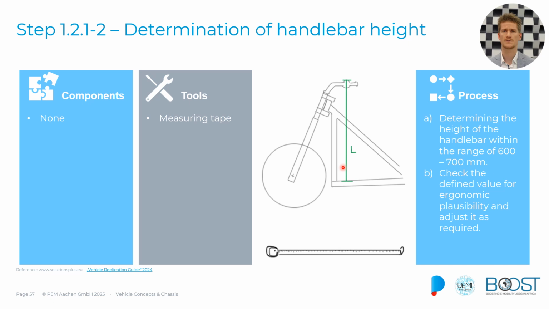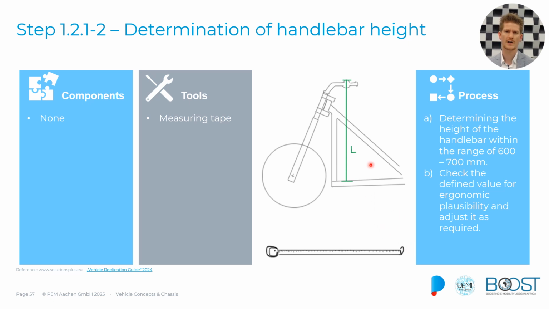This is all something that you need to take into account. The height range that we would recommend is something between 600 and 700 millimeters above the base frame, as we can see here. But again, it depends on your use case and the anthropometrics of the population or the customers that you are going to have as your main customers.